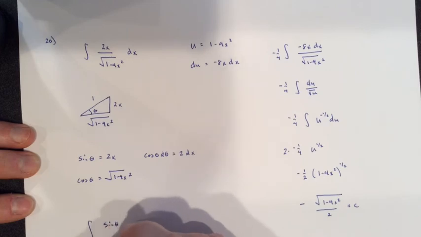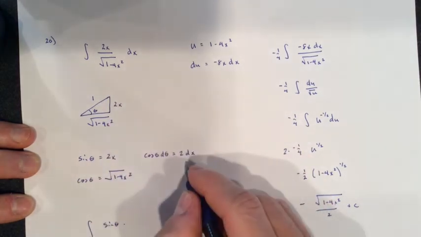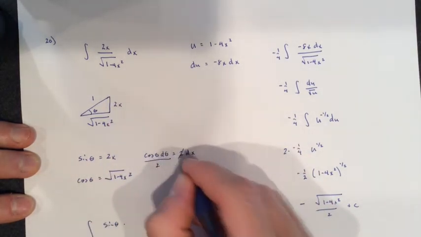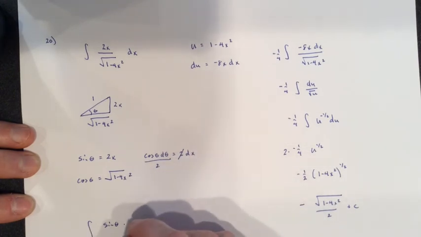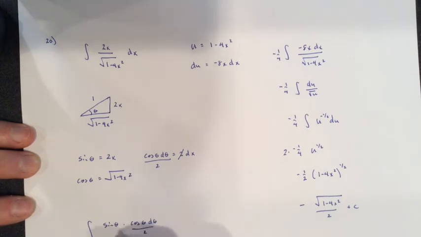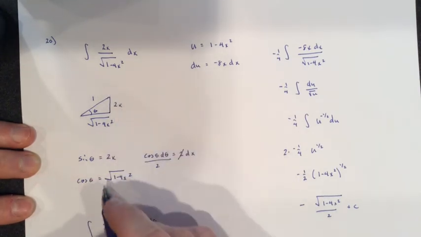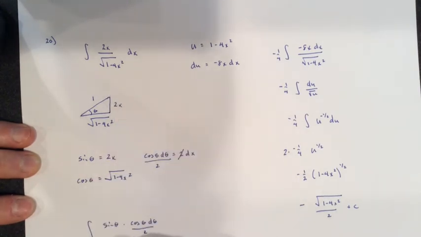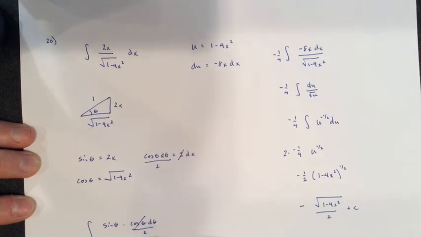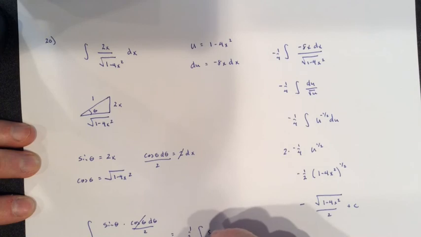So that's that. dx, so I have to divide by 2. So that means that dx is cosine theta d theta over 2 all over the square root, but the square root is just cosine. Okay, the cosines cancel, and I'm left with 1/2 the integral of sine theta d theta.